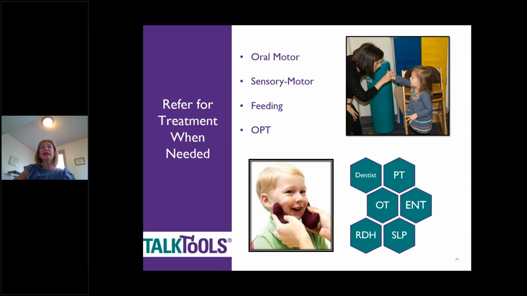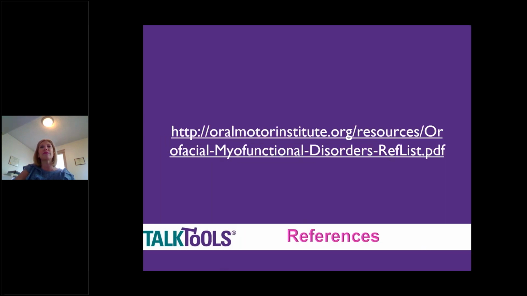Refer to treatment when needed, oral motor therapy, sensory motor therapy, feeding therapy, oral placement therapy, for speech sounds as if the toddler is very unintelligible, outside referrals, dentist, PT, OT, ENT, all of those great professionals we talked about.